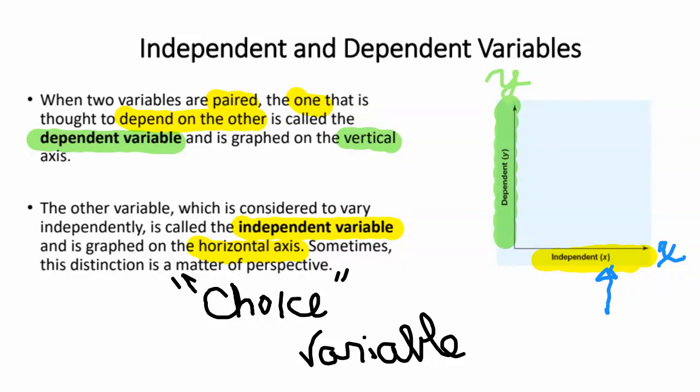But it's how hard you touch that gas pedal. That's your choice. And once you choose to put your foot to the floor or pedal to the metal, the car moves very slowly or very quickly. The independent is your choice. And that's what you've got to keep in mind. What is the choice? And once you decide which variable is the choice variable, then you have what we call a reaction.